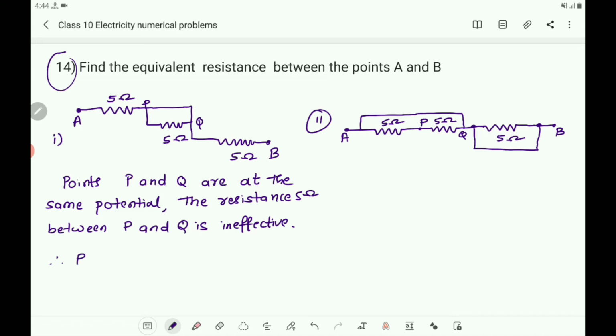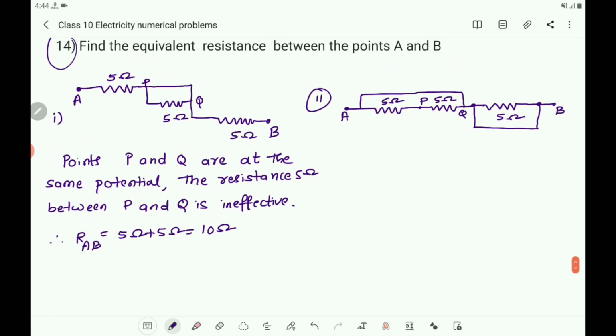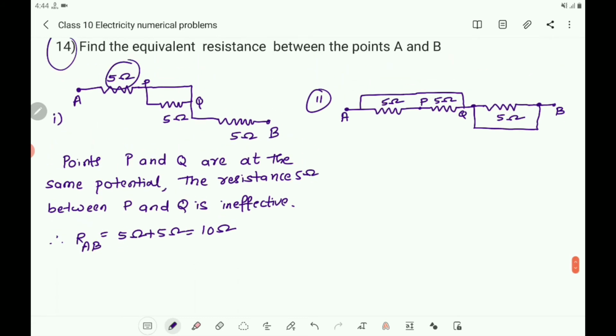Therefore, let us write R of AB equals 5 ohm plus 5 ohm, that becomes 10 ohm. Here only we have to add these two.